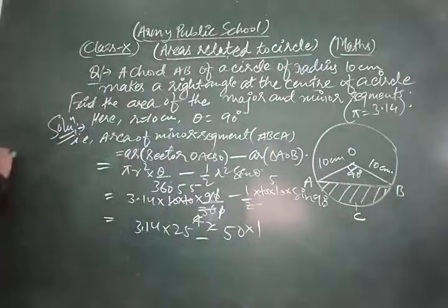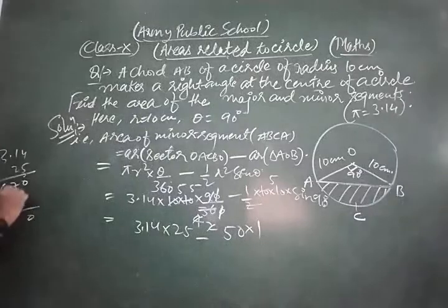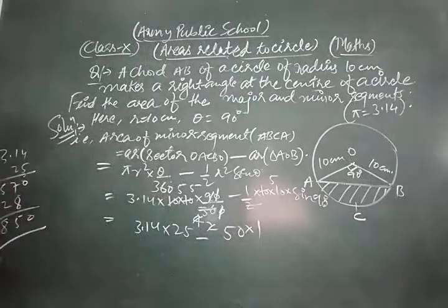Now we multiply this. So this is 3.14 into 25, which is 78.50.